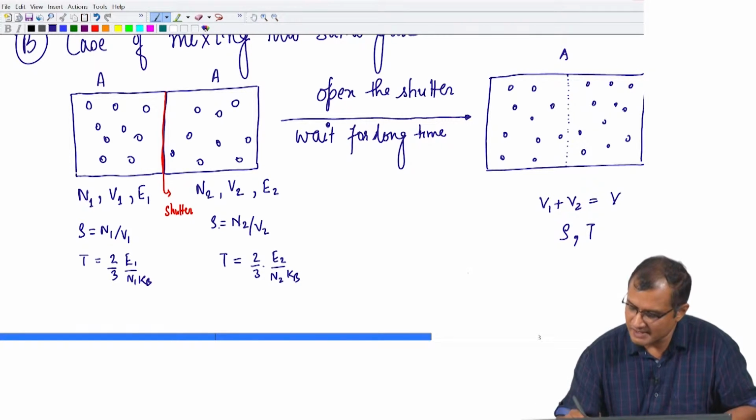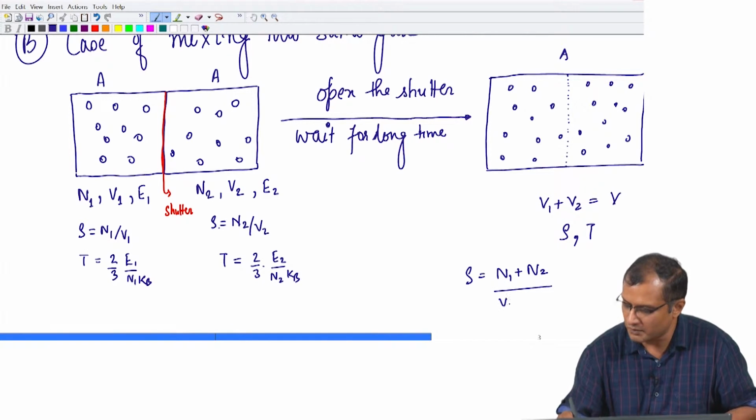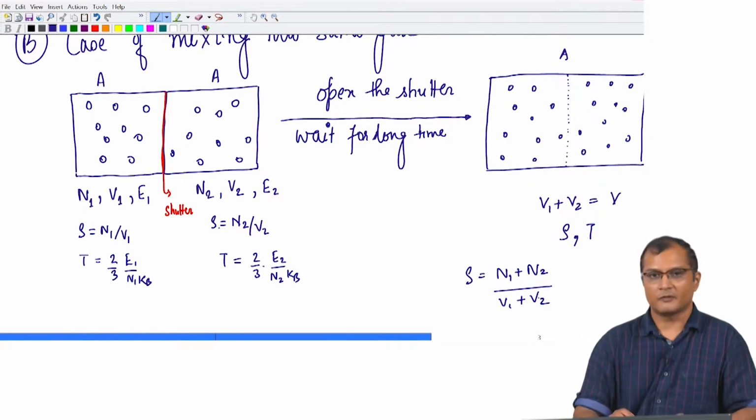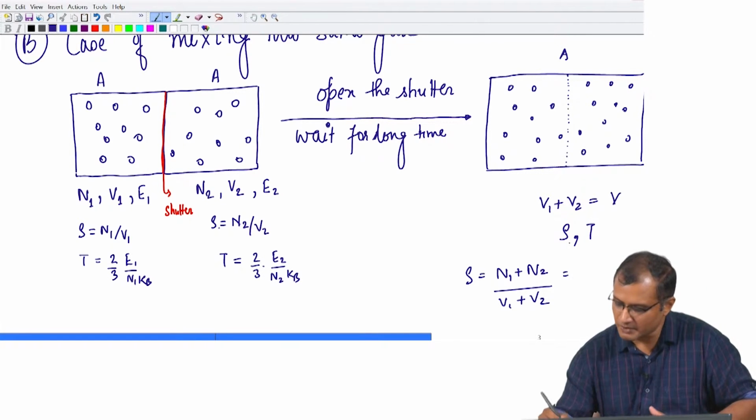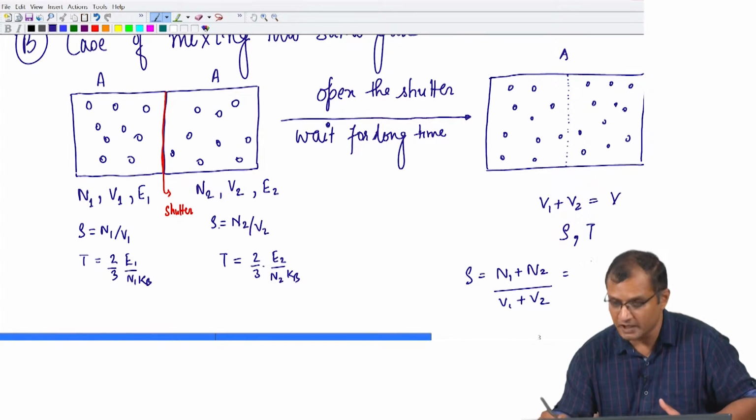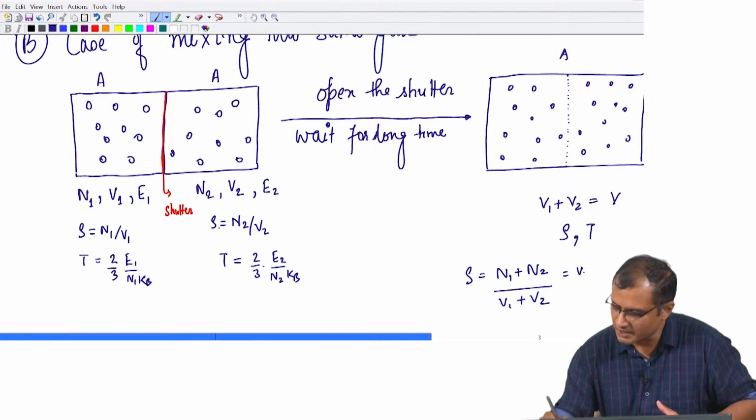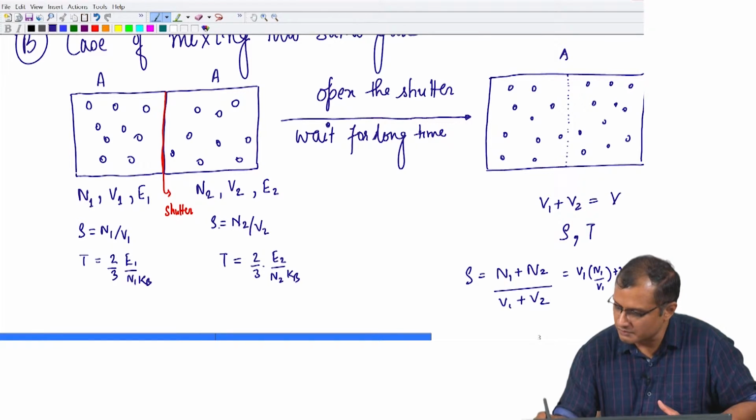The final density is nothing but the final number of particles divided by the final volume, right. So, you just take the numerator, multiply by 1 upon V to both the terms. So, you take V1 into N1 by V1 plus V2 into N2 by V2 divided by V1 plus V2.